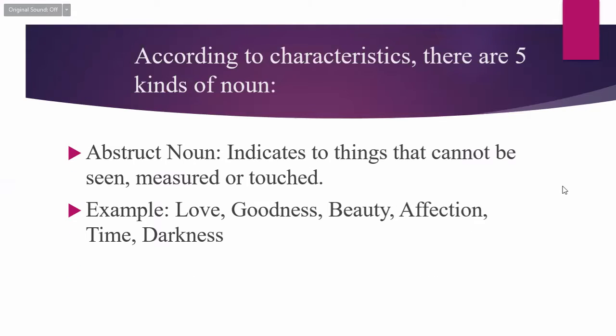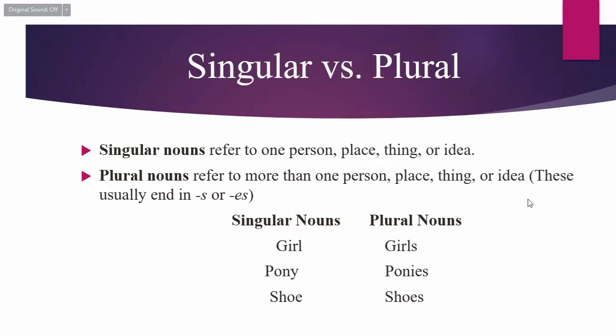Okay, so then we have gone through this. The next one is singular and plural nouns. We all know what that is. So there is a difference shown here. Basically, if you make it plural, it becomes a plural noun. If it's singular, then it's a singular noun. So a plural noun usually ends with s or es at the end, just like plural verbs, right?